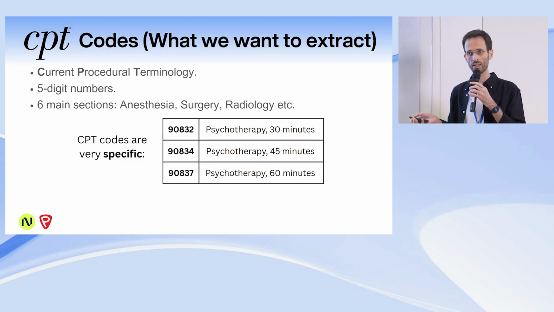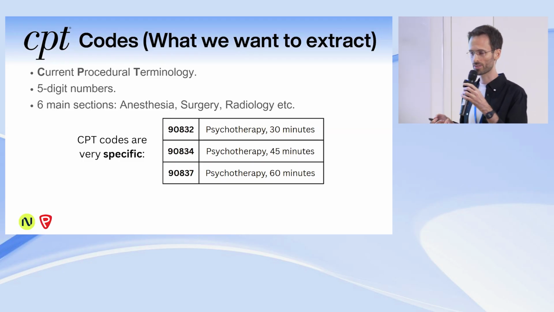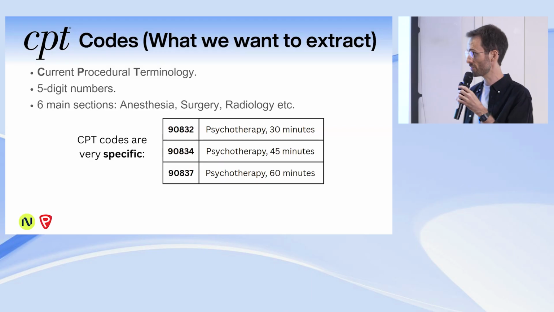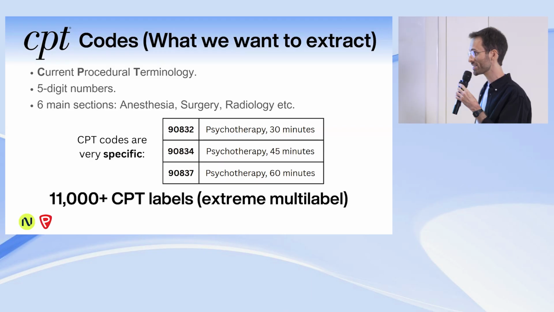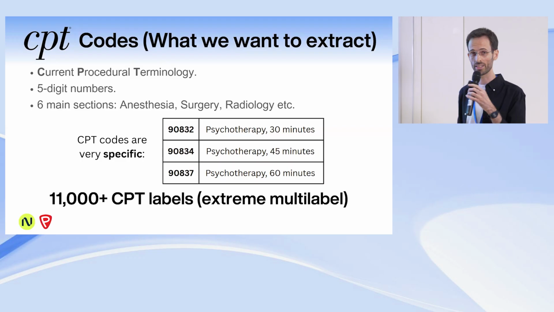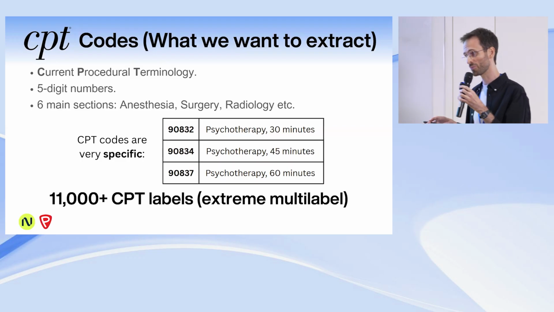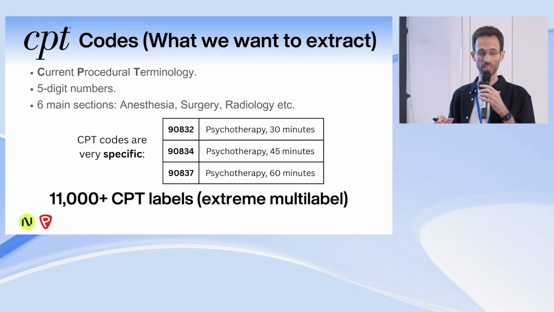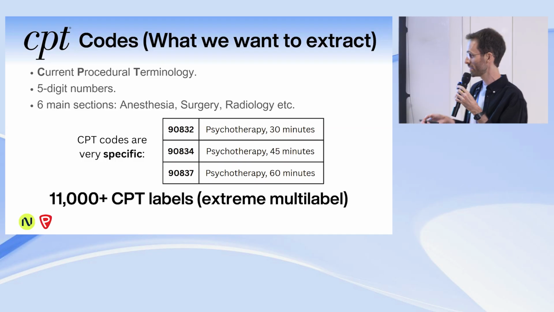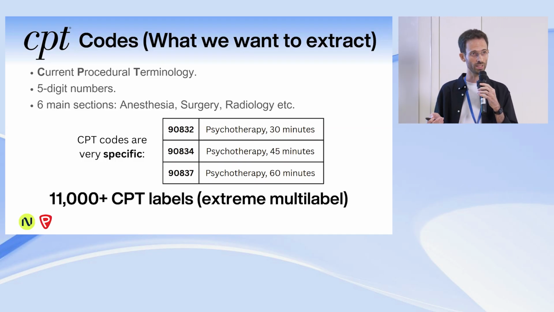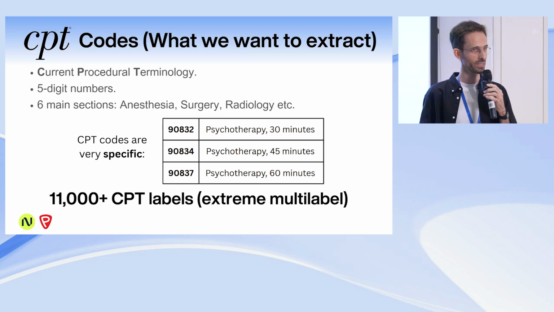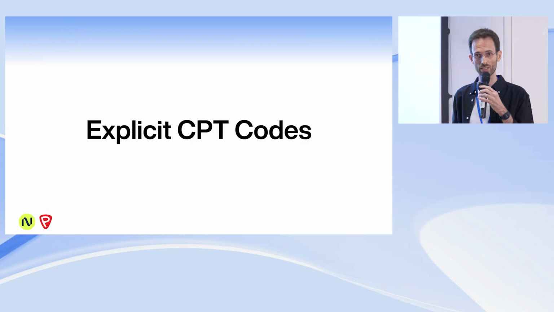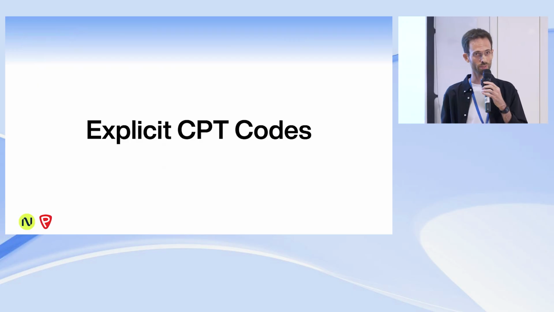Psychotherapy treatment, depending on the amount of time this treatment took, gets a different code. So you can imagine why there are over 11,000 CPT labels. And for those who are familiar with data science terminology, it gives this problem the name extreme multilabel classification problem. So now we are ready to dive into our first goal, extracting explicit CPT codes.